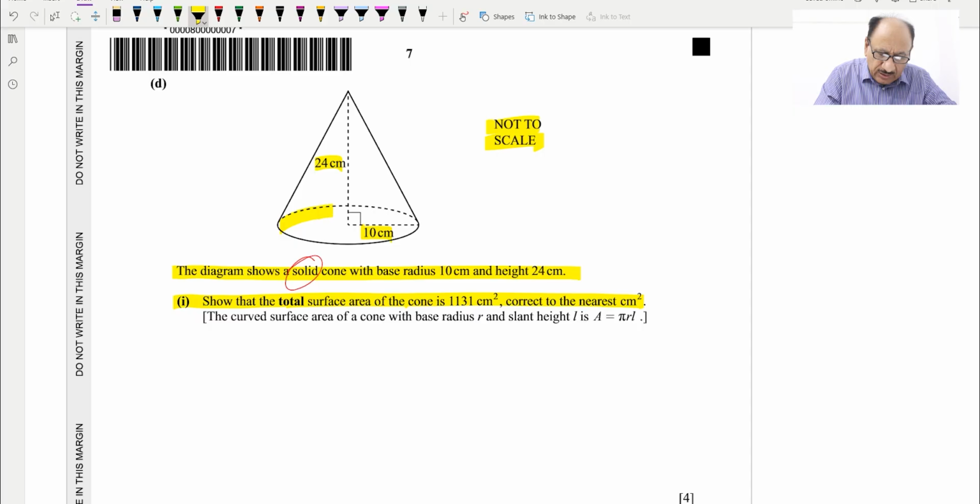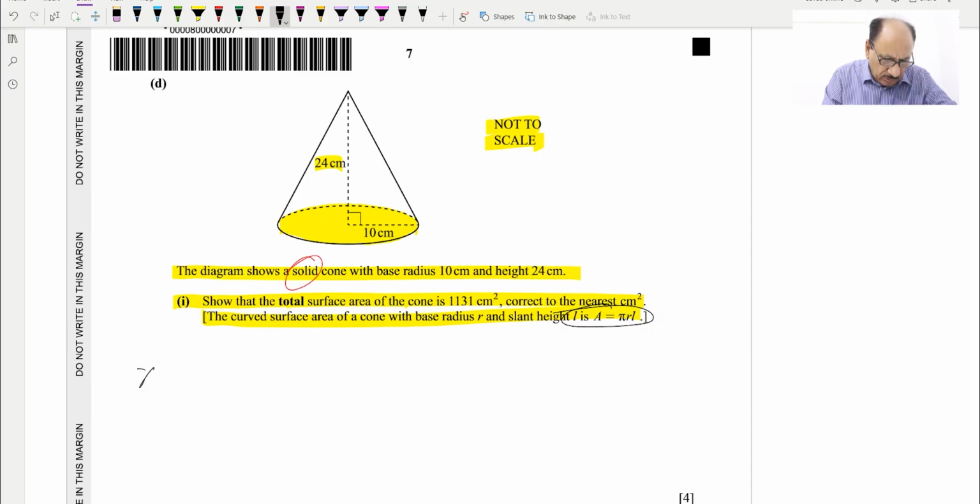Mean this area of the base is also included, because this is solid cone, so we will not be forgetting the area of the base. So what will be the total surface area? They have provided total surface area formula. Also the curved surface area of the cone.